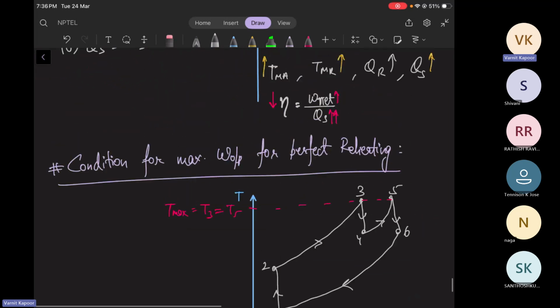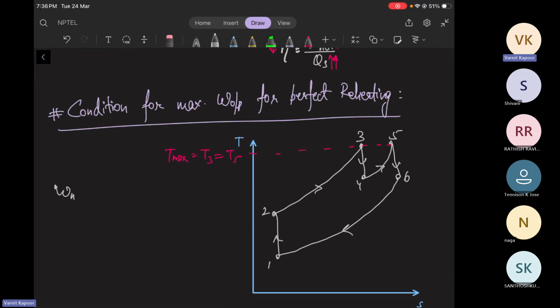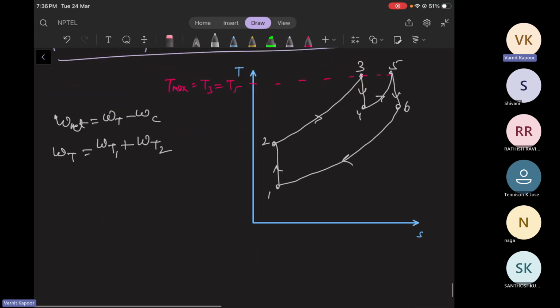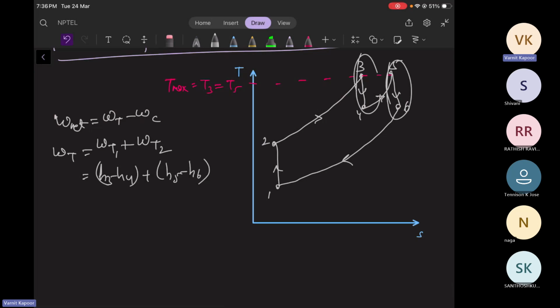So net work is nothing but work by turbine minus work by compressor, and work by turbine is work by turbine 1 plus work by turbine 2, which is equal to H3 minus H4 plus H5 minus H6, from 3 to 4 and 5 to 6.